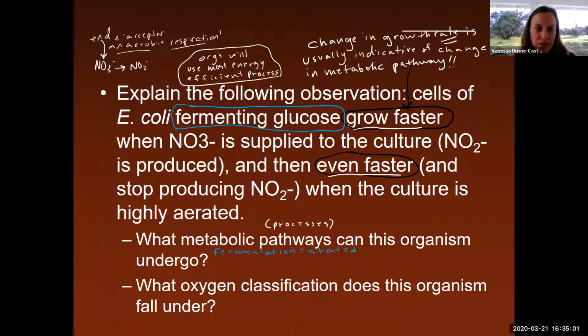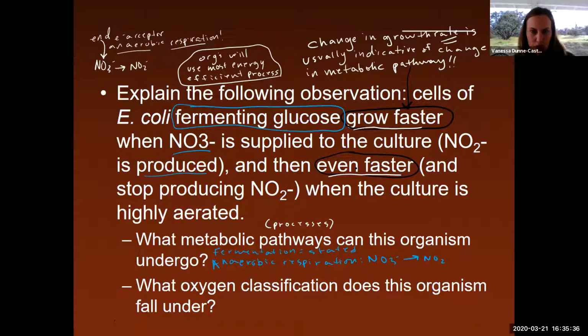So where NO3 is supplied and NO2 is produced, it can undergo anaerobic respiration. We know this because nitrate is reduced to nitrite, and this process is indicative of anaerobic respiration.